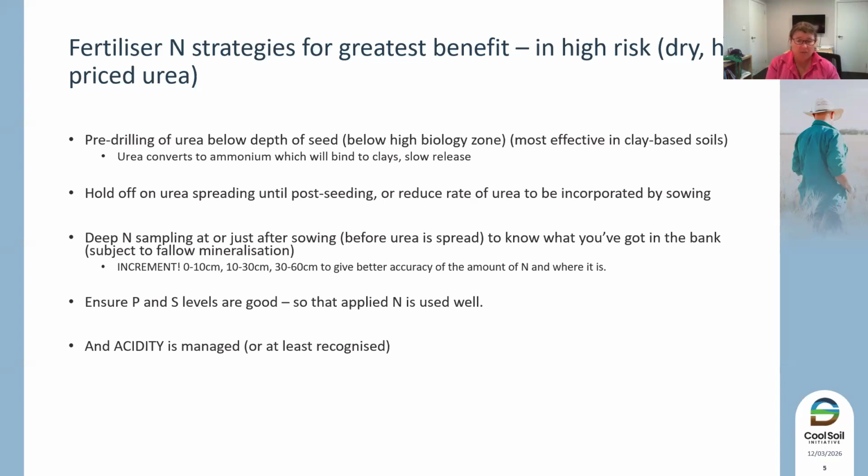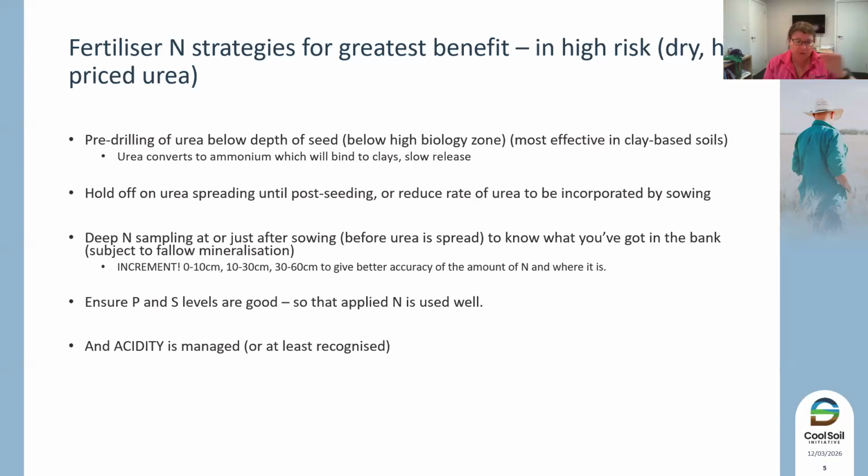The other thing to think about is deep N sampling. There's a lot of farmers who are talking about doing more deep N this year than they have before, because they want to make sure they're getting the most bang for buck with the urea they apply, and they're putting it in the right place. So doing some deep N sampling to know what you've got in the bank already can help inform your urea decisions, to know which paddocks are going to have the best impact for what you're applying.